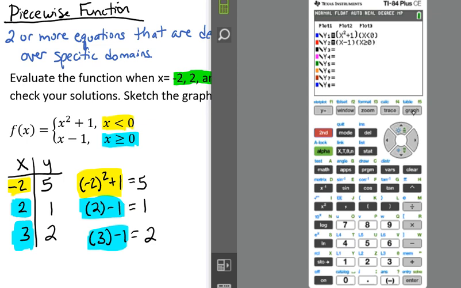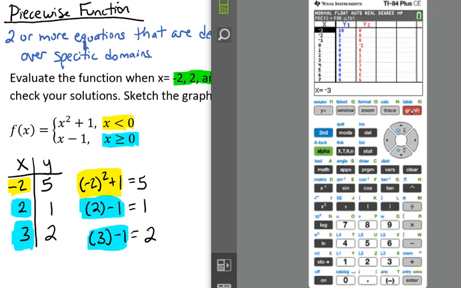So table, so second graph is table, and so we plugged in a -2. Notice for -2, we were supposed to use the first equation, and we got a 5. And for our 2 value, notice how we got a 0 there, which means it doesn't work. And there's our 1. And then we plugged in a 3 and got a 2. So we see that it works.